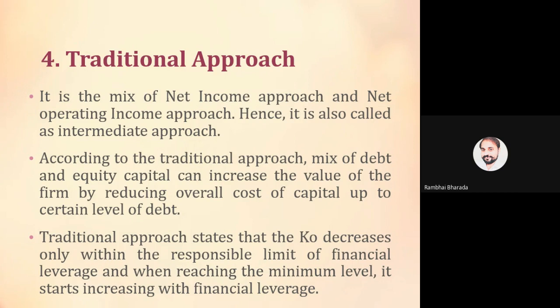Some authors call it the intermediate approach. According to this approach, a mix of debt and equity can increase the value of the firm by reducing overall cost of capital up to a certain level of debt. Okay, let me explain this entire para with one example.